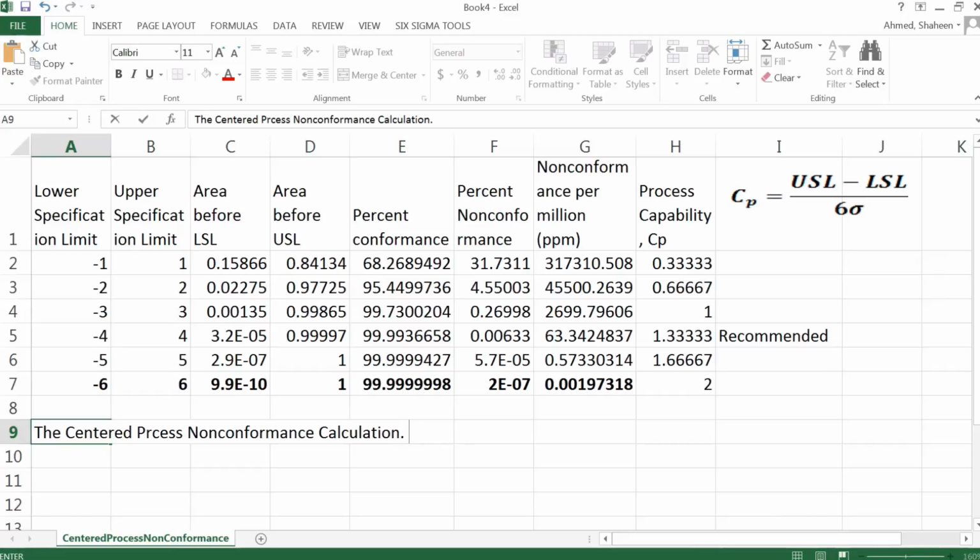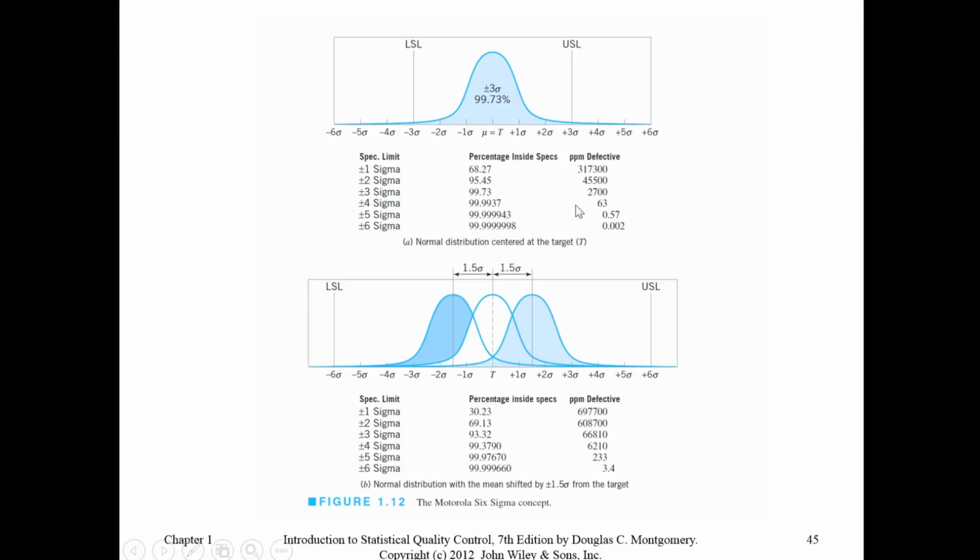I'd like to go back to that Montgomery picture again to show you what we have actually done. So this is what we have calculated. In addition to that, I calculated the process capability. In the Besterfield book, it has that in column 2, and also Montgomery later discussed that.